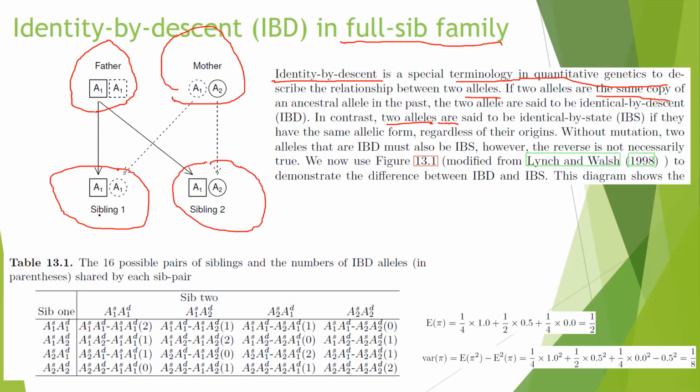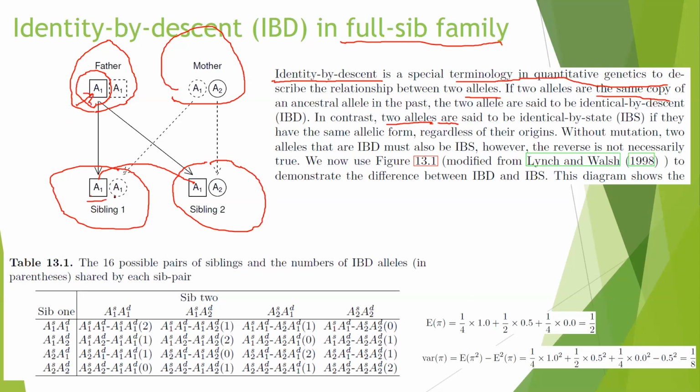The first A1 allele of the first sibling and the first A1 allele of the second sibling are coming from the father. So these two alleles are said to be IBD. They are identical copies of the same ancestral allele.